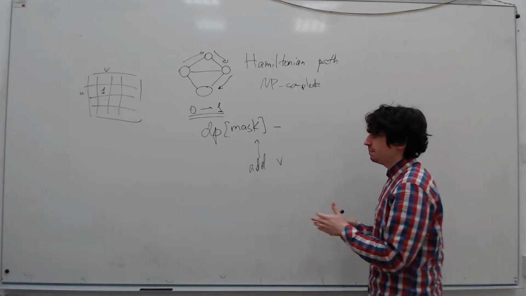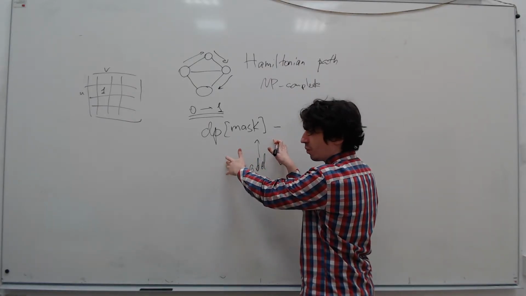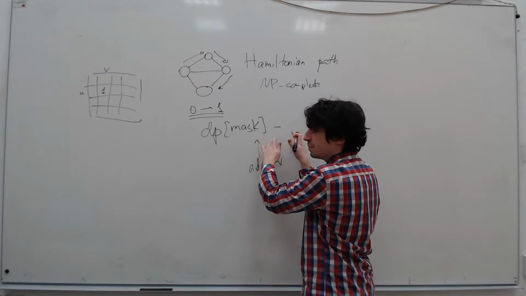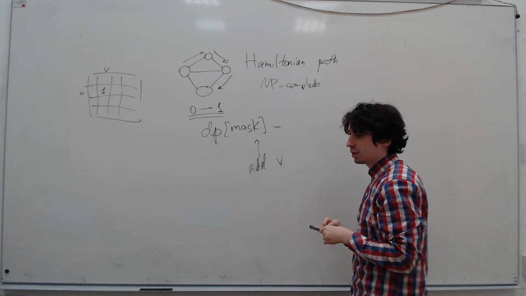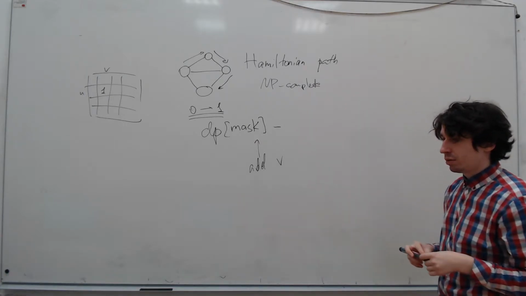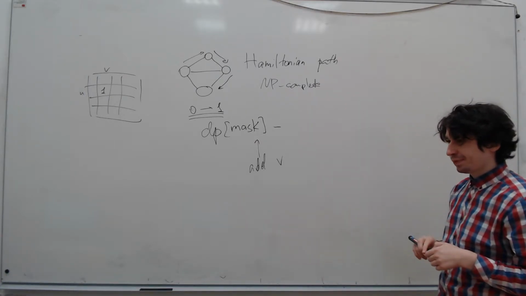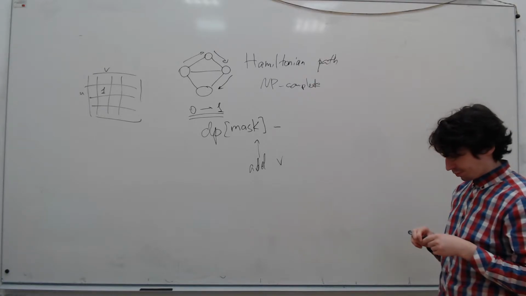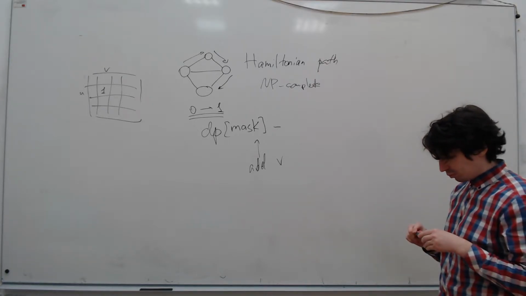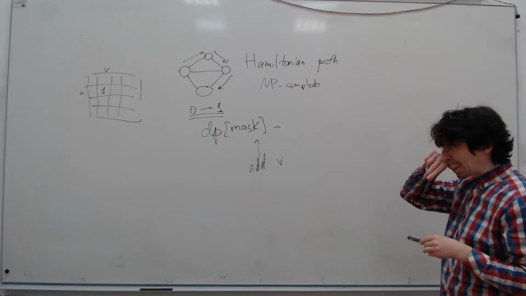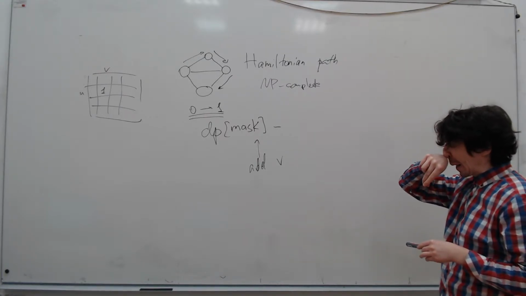So you're given dp mask. What should it be equal to? What do you expect from it? Isn't it the array of vertices, like the path? Maybe I've got it wrong.